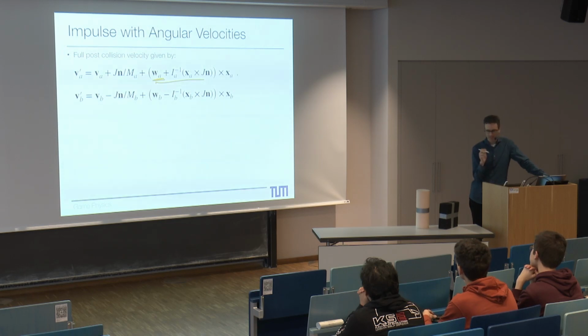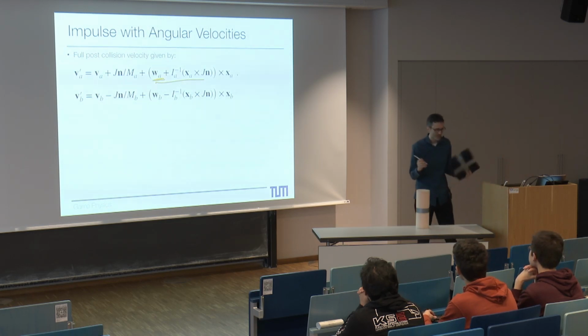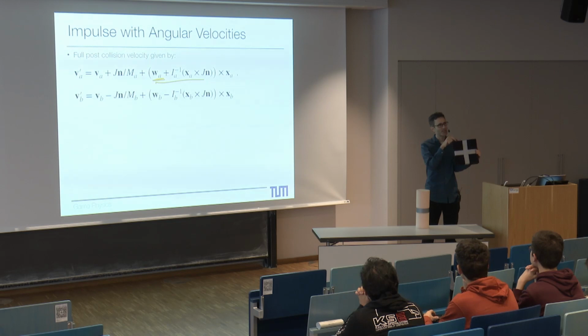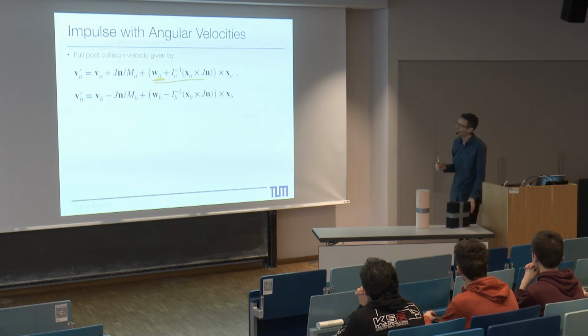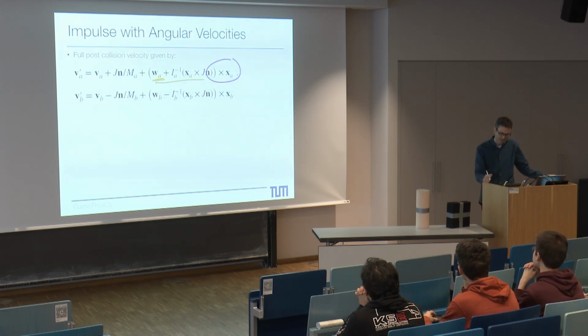But I hope you also remember our angular velocities always work in this inconvenient way of being perpendicular to some axis of rotation. So to find out how a point on our body moves because of that angular velocity, we need to transform it back to that point. And that's where we get this last part from. You also remember, so I just write it out, we had equations of the form angular velocity cross some vector x. This gives a velocity.